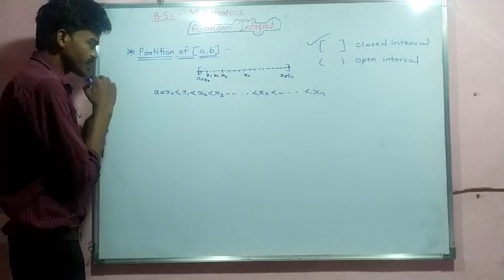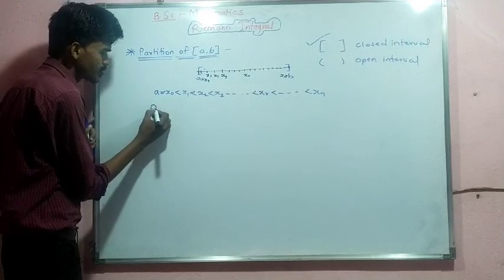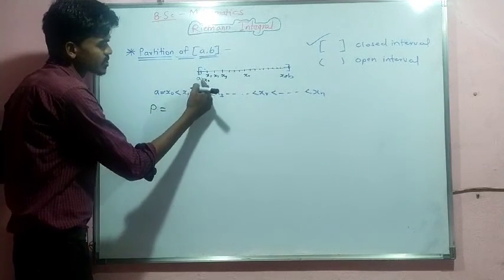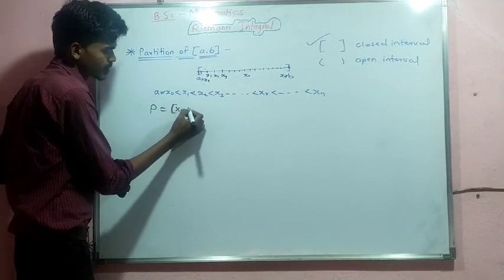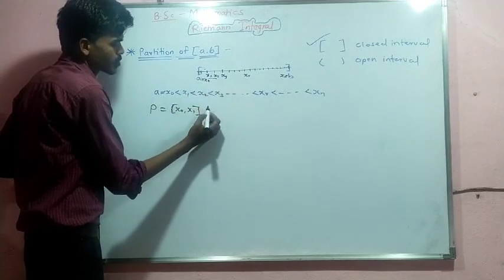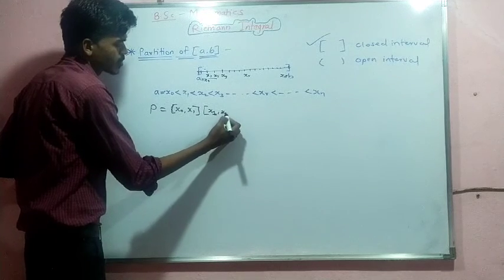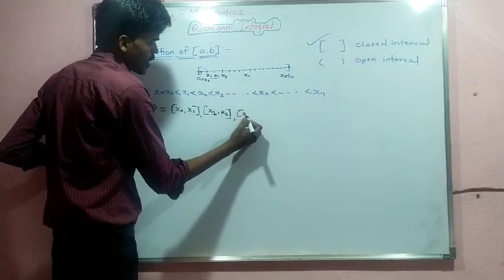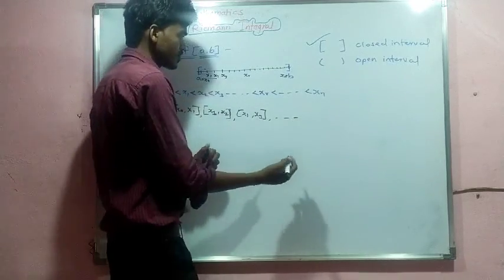So we take a partition P. We denote it as P, the partition. The first interval is x naught comma x1. Then x1 comma x2 is another interval. Again x2 comma x3 is another interval, and so on.